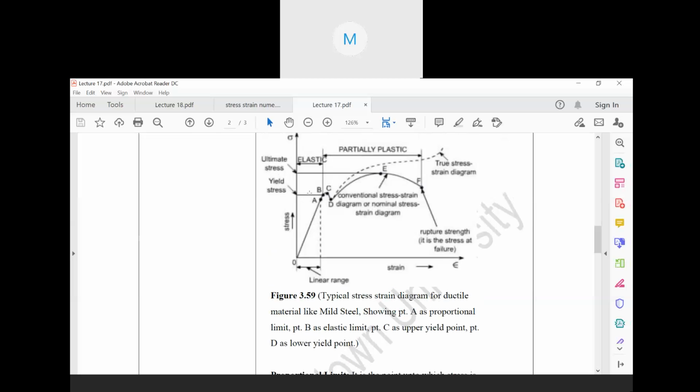From A to B, the material behaves as an elastic material, but the stress and strain are not proportional to each other.